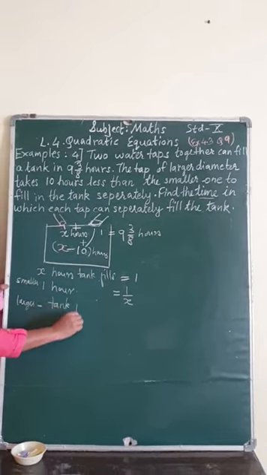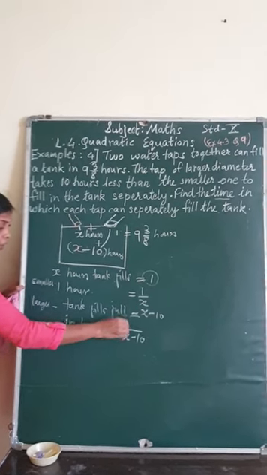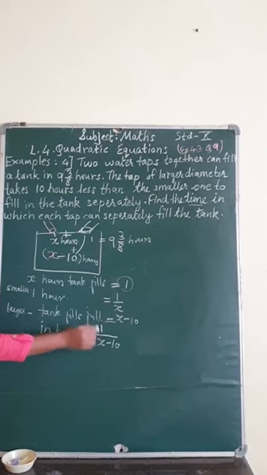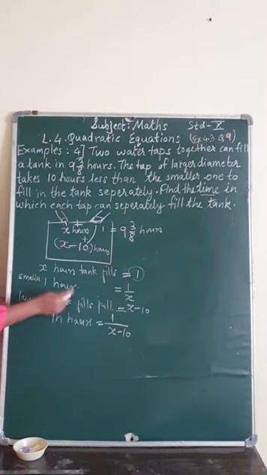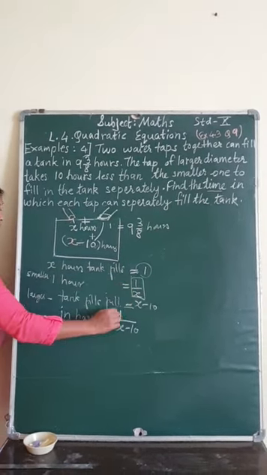That will be 1/(x minus 10), because the whole portion is 1. Similarly, the portion of the tank filled in 1 hour will be 1/(x minus 10). And then we use this information: how much portion is filled in 1 hour by the smaller tap as well as by the larger tap.